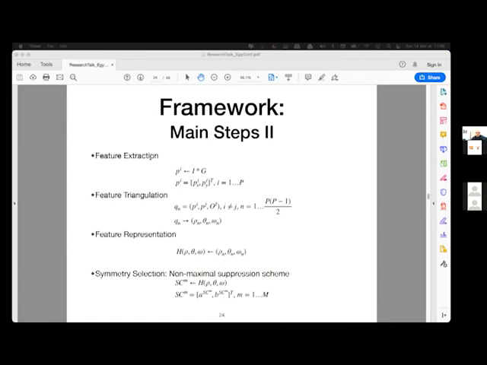So what can we do here? If we have an image, we apply a bank of wavelets, and we get feature points, and these feature points have X and Y. Based on X and Y, we can do a triangulation. For example, if we have I and J, we do a triangulation according to some origin of the image.